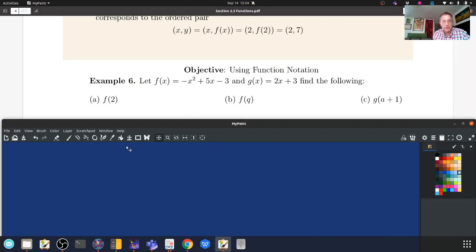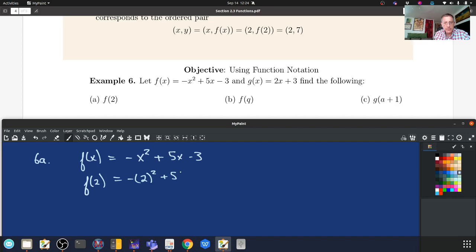So here's the rule we're given: f of x, this is our function rule, is equal to minus x squared plus 5x minus 3. And we're asked to find f of 2. Well, what you do is put 2 in for x and evaluate.